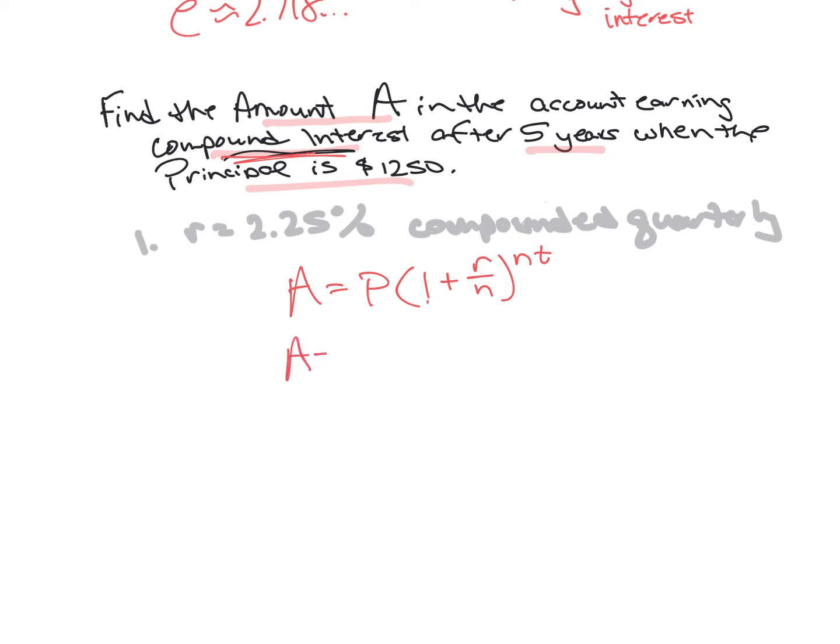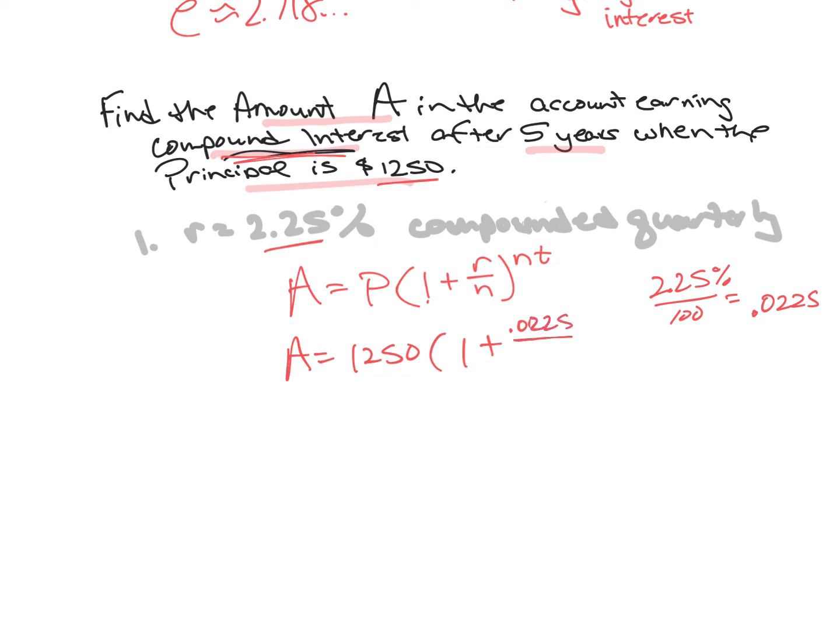So they want us to find A. They said our principal was $12.50, so we're going to plug that in. We have 1 plus R. Our rate is 2.25%, but I need to change it to a decimal, right? We can't use this percent, so you change that decimal and it becomes 0.0225. Sorry, let's put an extra 0 in there.